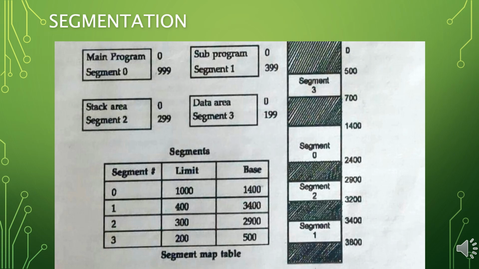So if you can see the segment table, it has the segment number, it has the limit, that is the area or memory required for that particular segment, and then it has a base address. The base address is the starting address from where the storage of the segment has taken place. So accordingly it will get stored. Once the segment gets stored into the main memory, an entry is made into the segment map table.